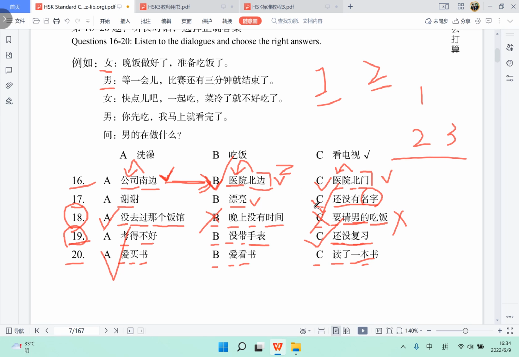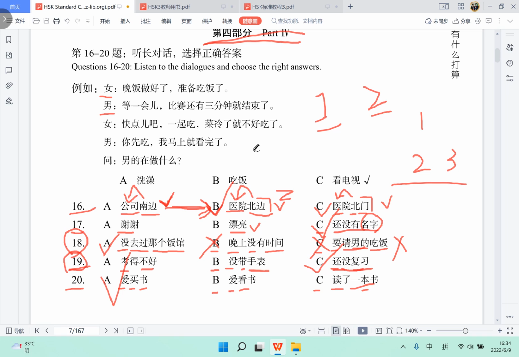So the important thing is, same as before, we have to check the answers first before we listen to the dialogues. And when we hear some detail, we have to infer what kind of question is going to be asked before we listen to the dialogues.